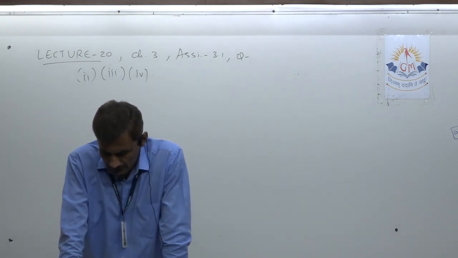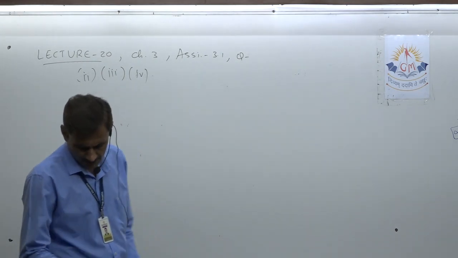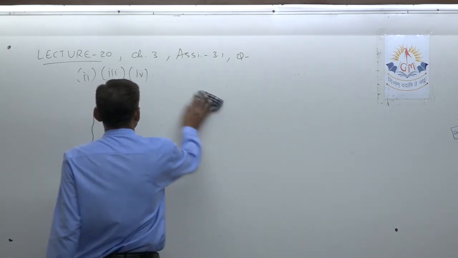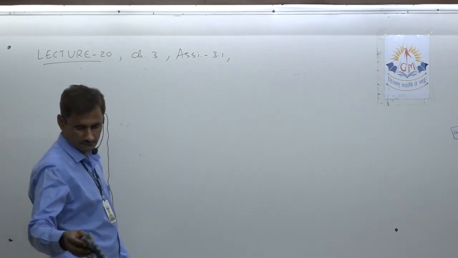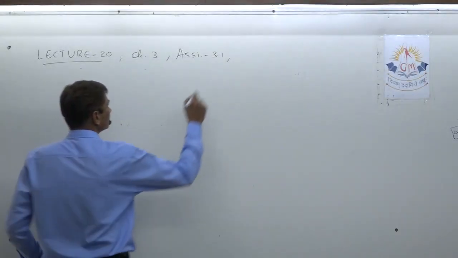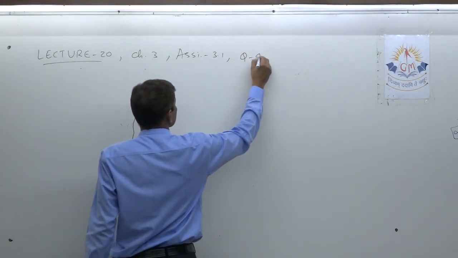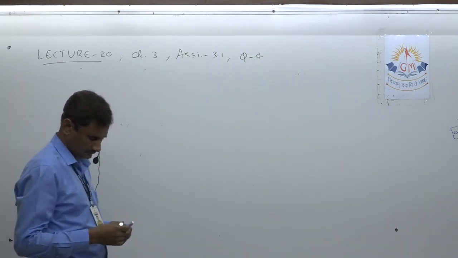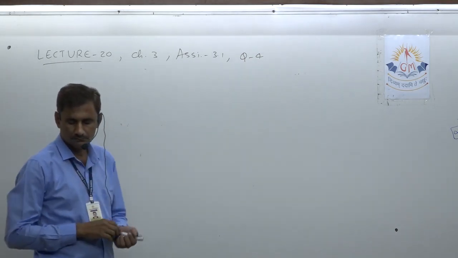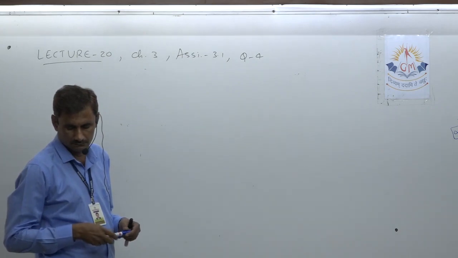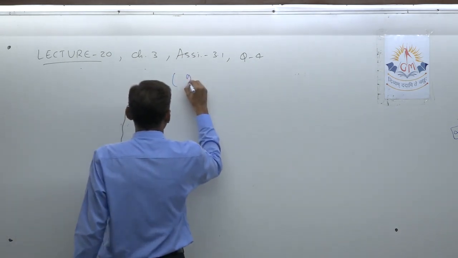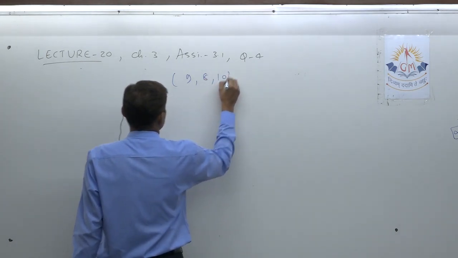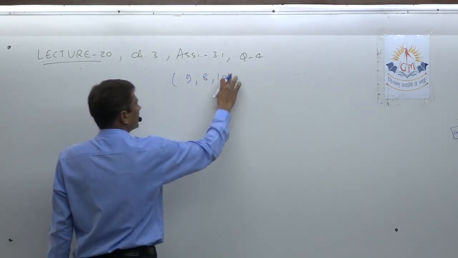Okay. Look at the first: 9, 8, 10 are given. So is it a Pythagorean triplet or not? First of all, make the square of the biggest number.